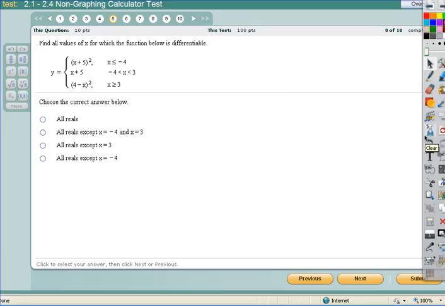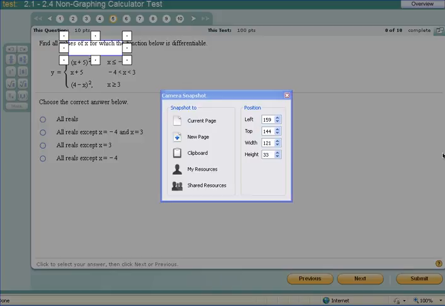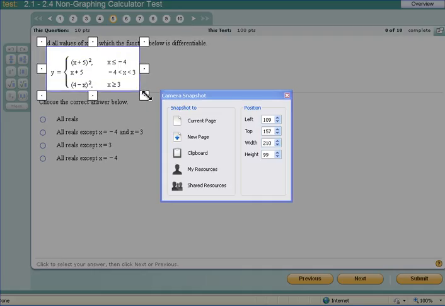Okay, find all values of x for which the function below is differentiable. Now, this is probably one worth looking at. Not that the calculus is so hard here, but the pre-calculus stuff might be a little tricky.